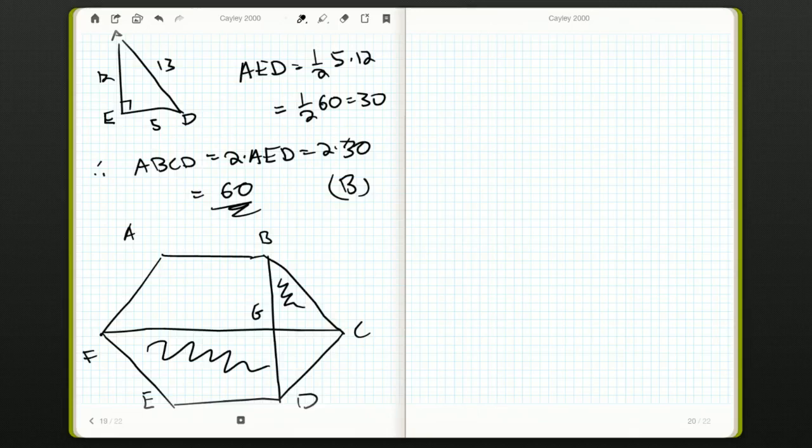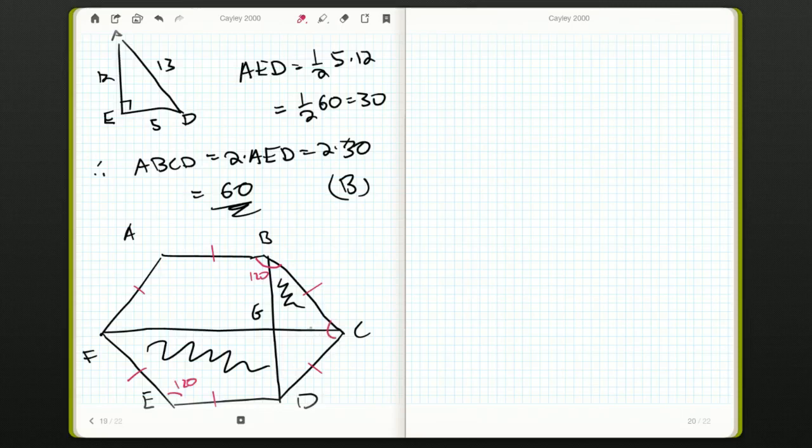Alright, so let's try and figure some things out. First of all, since it's a regular hexagon, we know that all of these side lengths are the same. And we also know that each of these interior angles is 120.